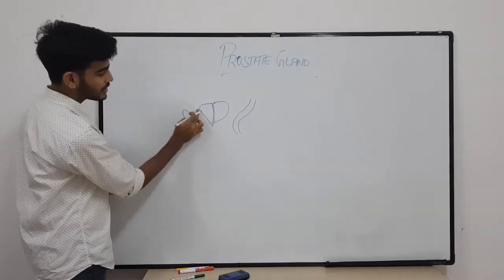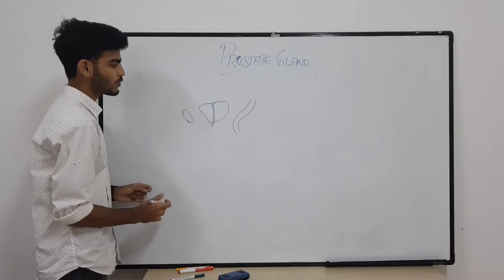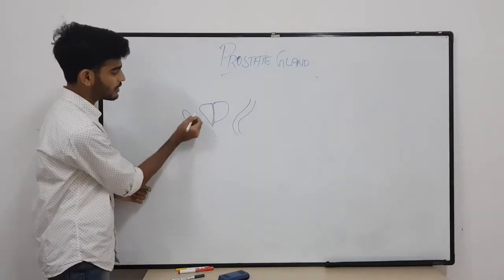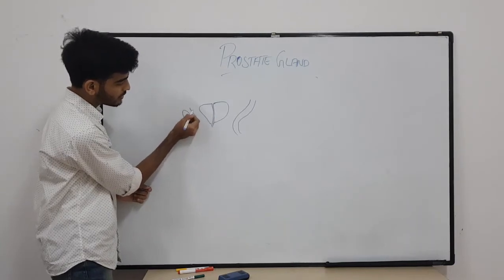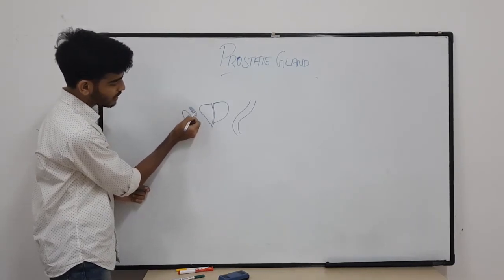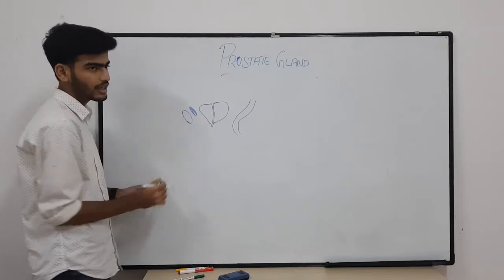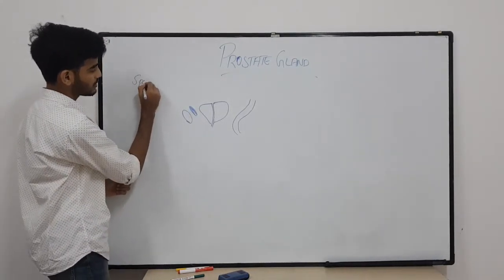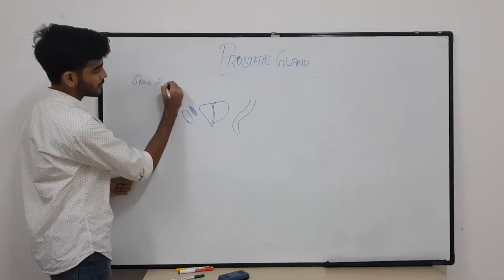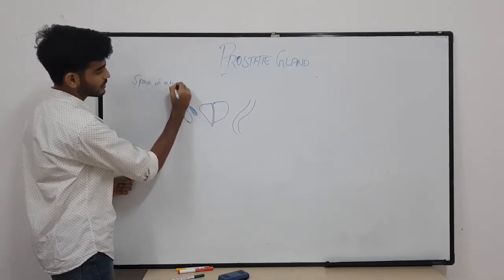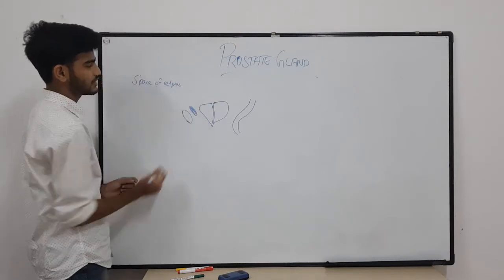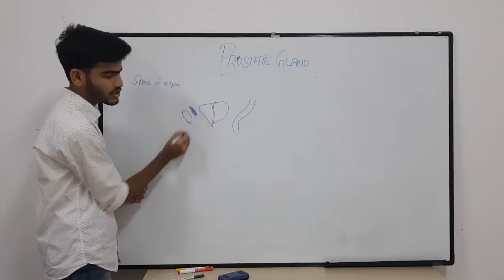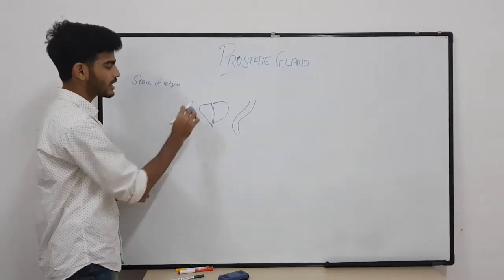The anterior surface is narrow and convex, and it is related to the pubic symphysis, and they are separated by the retropubic space or space of Retzius. The space of Retzius is filled with extraperitoneal fat.